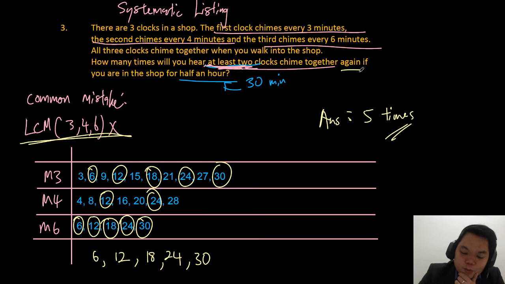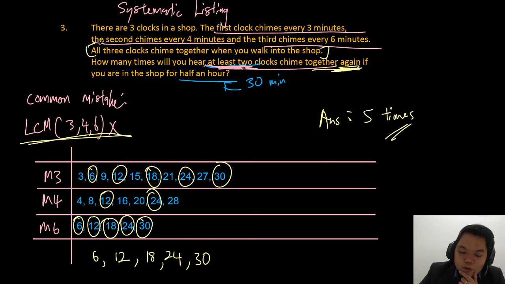But you want to find out how many times you will hear at least 2 clocks chime together again. So you will not need to count the first time that you walk in. Okay? Because your keyword here is together again. So it doesn't include the one that you have at the very beginning.